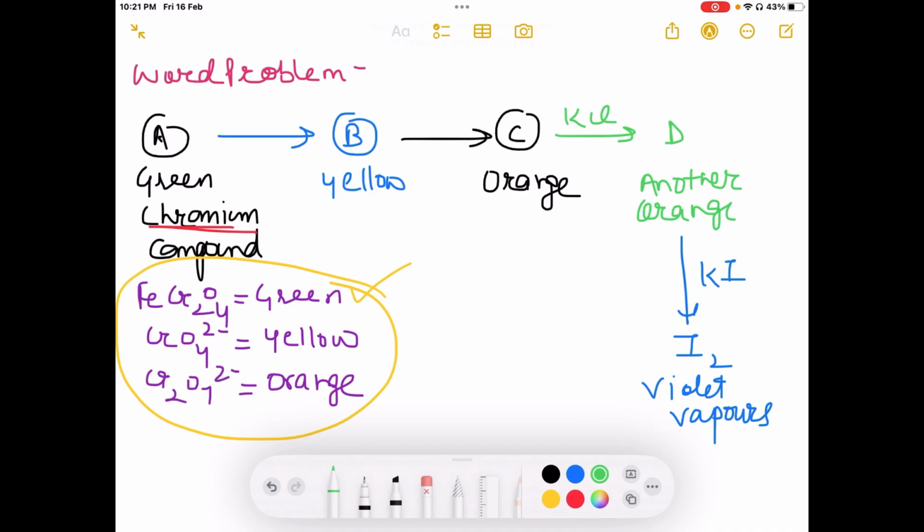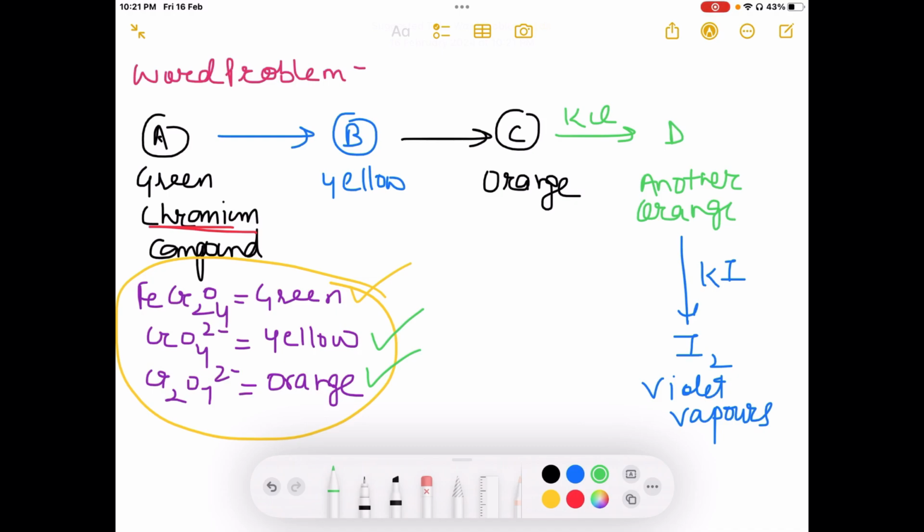Then it changes to a yellow colored compound on fusion with alkali and in the presence of air. That yellow colored compound is a chromate. This yellow colored compound on acidification changes to an orange colored compound, dichromate, which is sodium dichromate. Basically, an orange colored solution is obtained because sodium salts are more soluble.